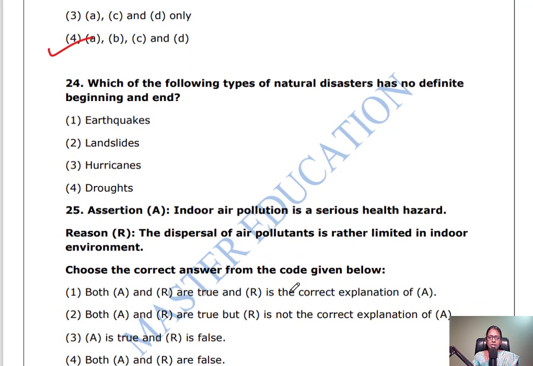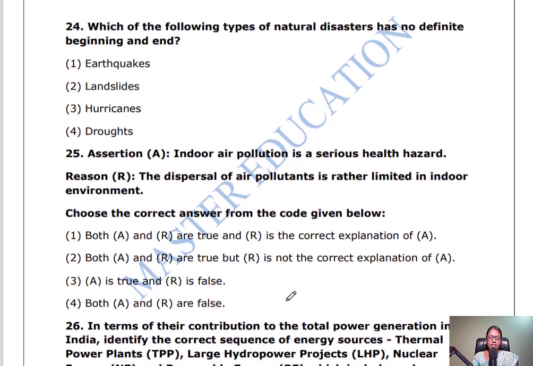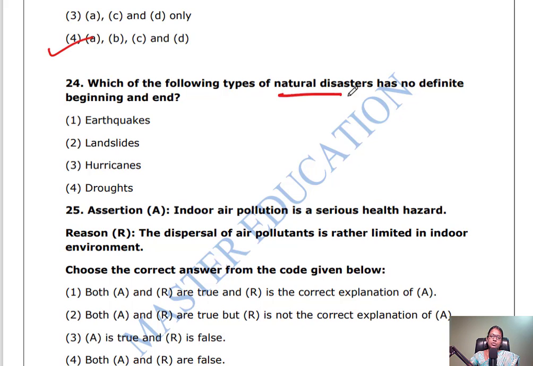The next question: which of the following types of natural disaster has no definite beginning and end? In an earthquake we can analyze in which place it happened and where it ends, and similarly in landslides and hurricanes. A hurricane is a very fast wind.